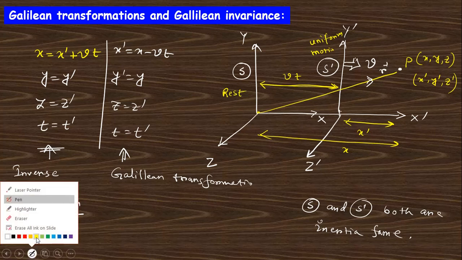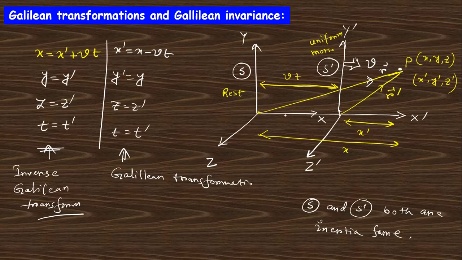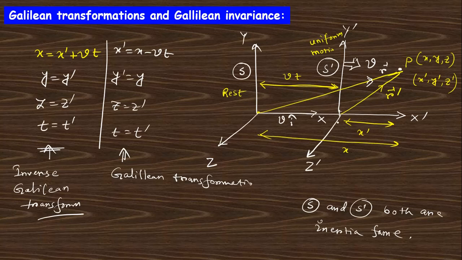If r vector is the position vector with respect to S and r prime is the position vector with respect to S prime, then you can say here r vector equals r prime plus this vector, and this is nothing but v i cap, velocity along this direction v, and x is denoted by i cap. So r vector is nothing but r prime vector plus v t i cap.